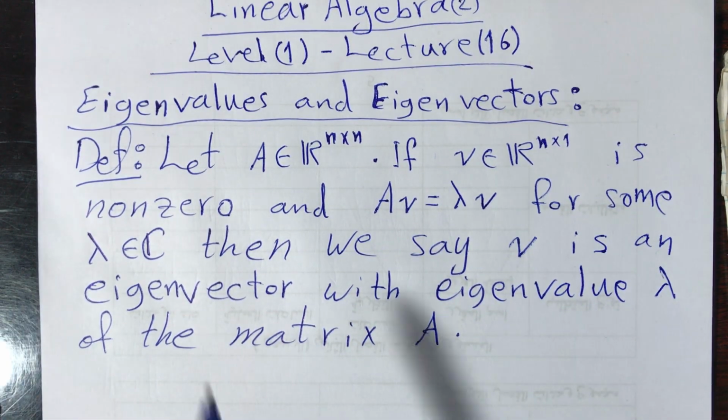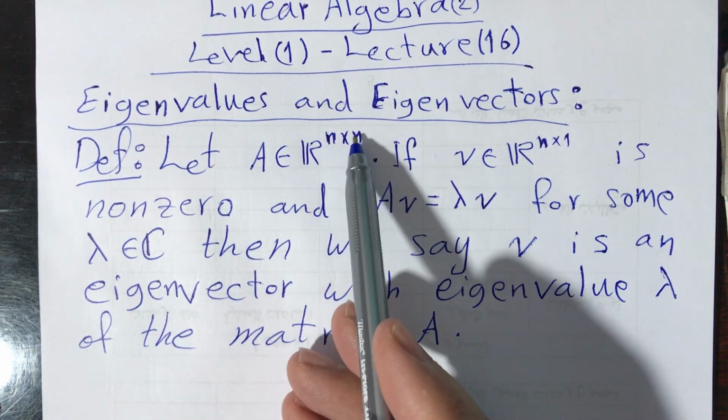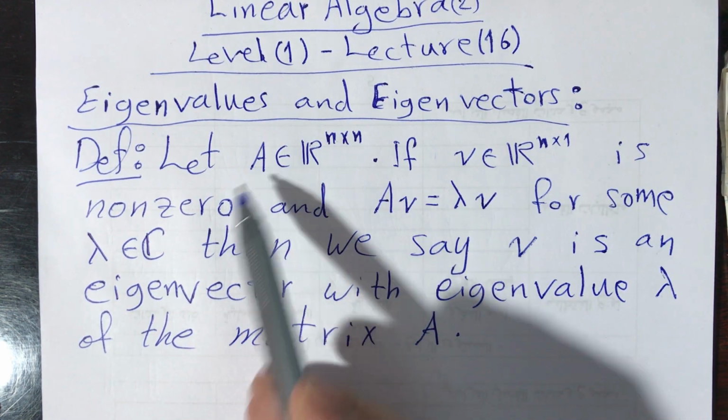We explain the definition. Let A belong to R n times n, a square matrix.